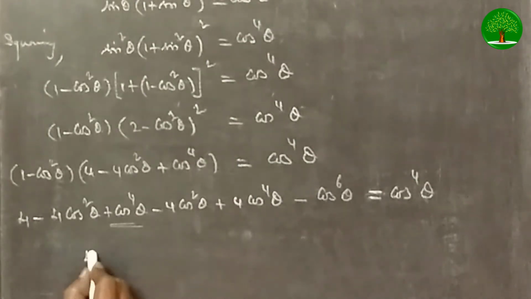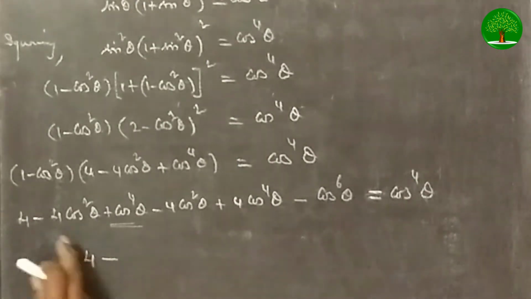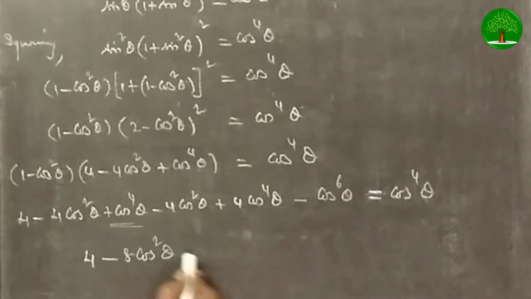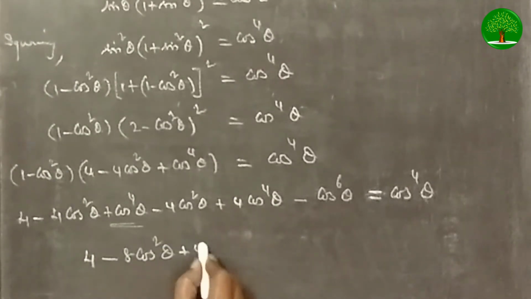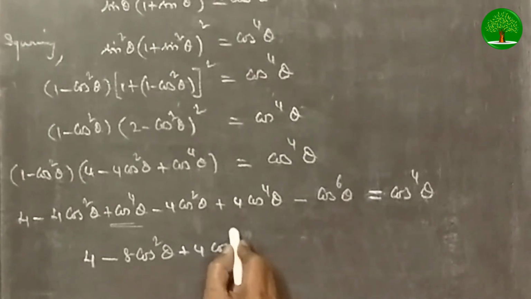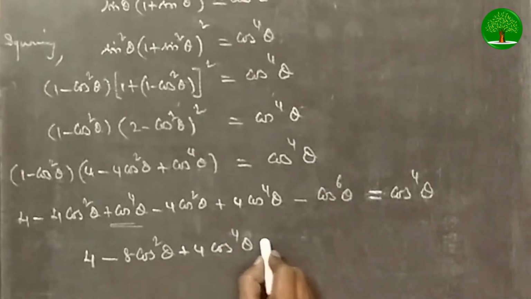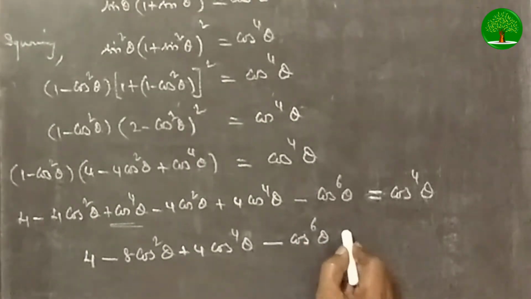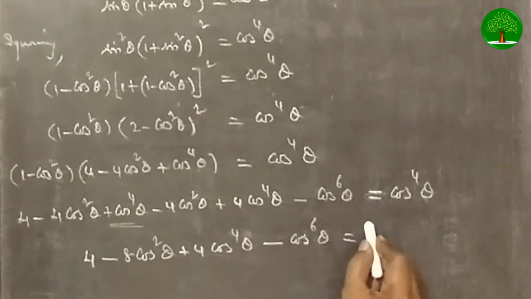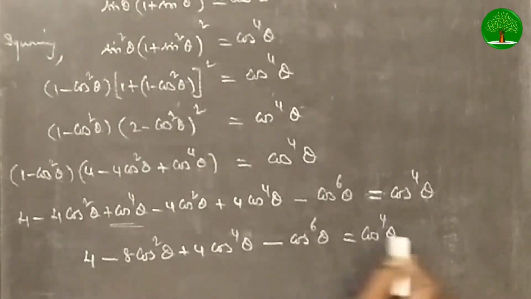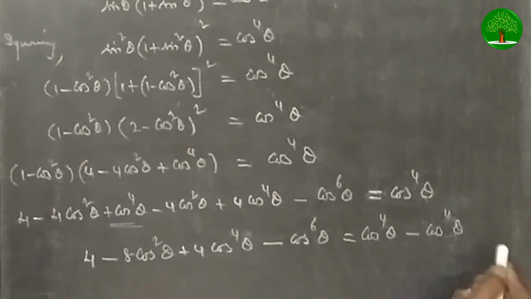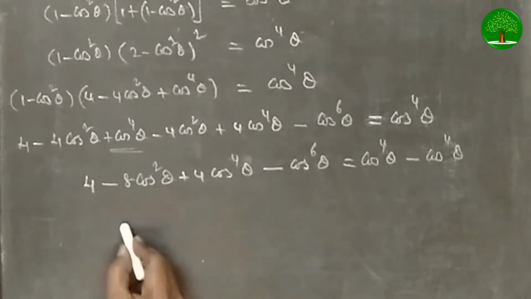Now 4 minus 8 cos square theta plus 4 cos to the power of 4 theta minus cos to the power of 6 theta is equal to cos to the power of 4 theta minus cos to the power of 4 theta.